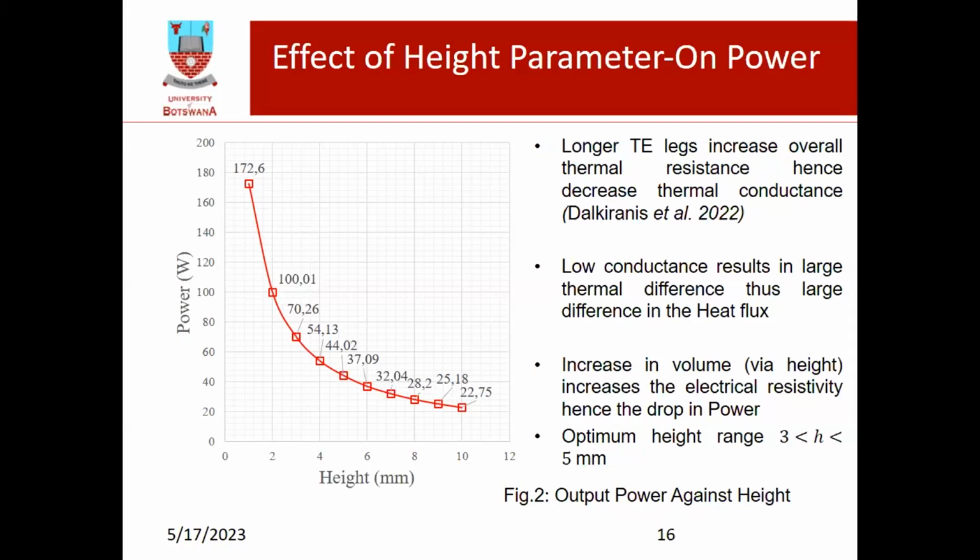The heat flux from the hot side and the cold side is used to generate the power. So a larger power means a large heat flux difference between the hot side and the cold side. When you increase the volume by increasing the height, it increases the electrical resistivity, hence a drop in the power.